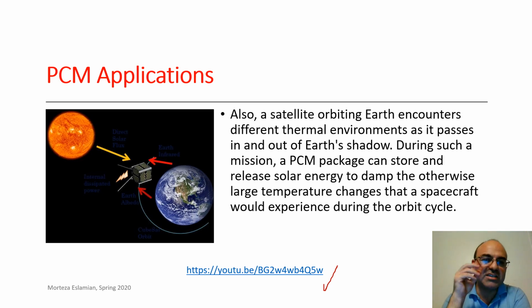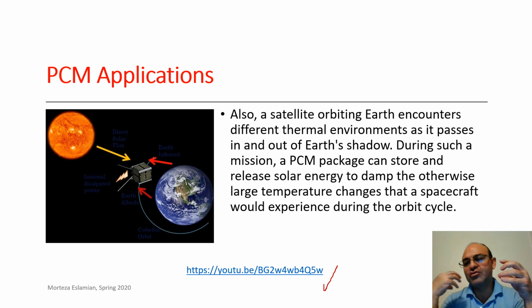So if, for instance, for a particular type of satellite, it is needed to keep a very close to uniform temperature, PCM can be used, because when the satellite is exposed to the sun, it's exposed to a lot of heat. So the PCM can absorb the heat, and then as it goes to the shadow, it becomes very cold.